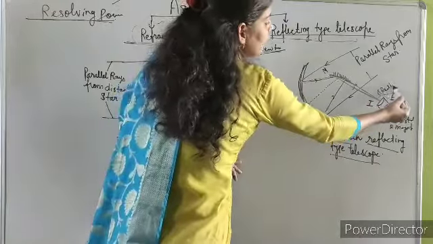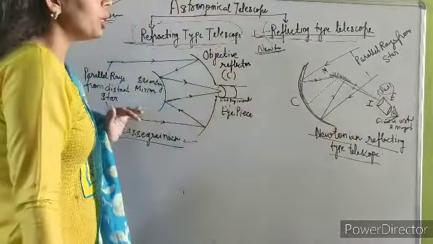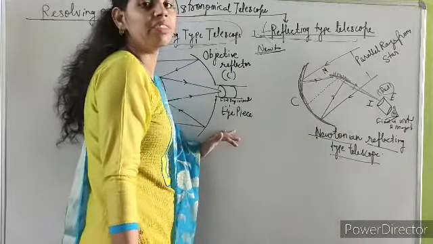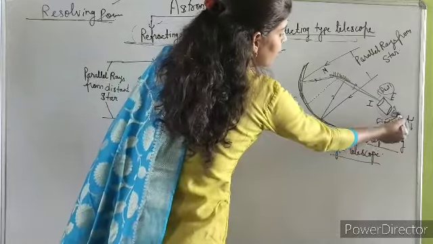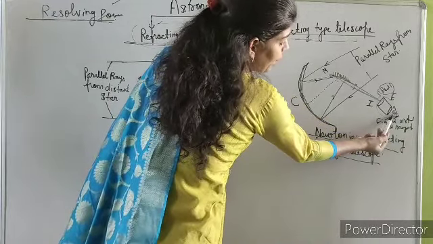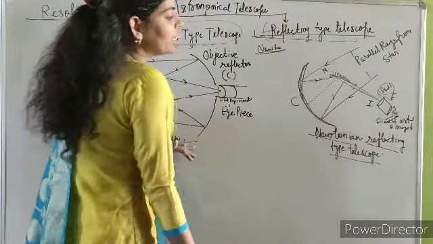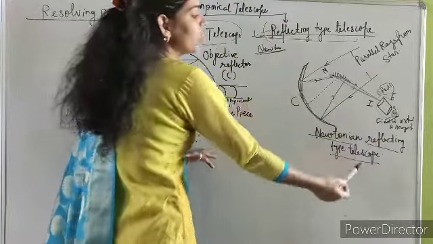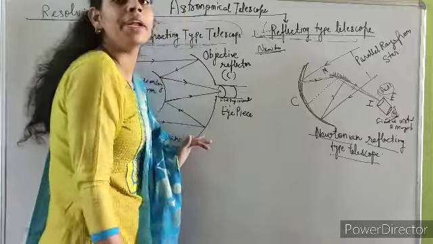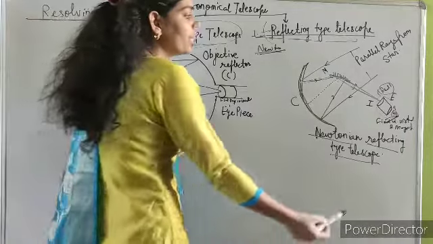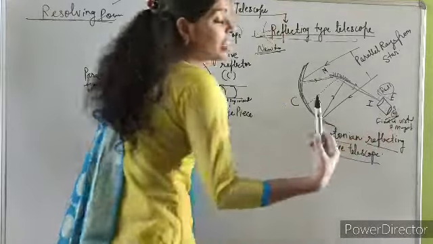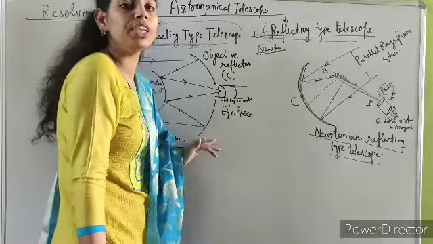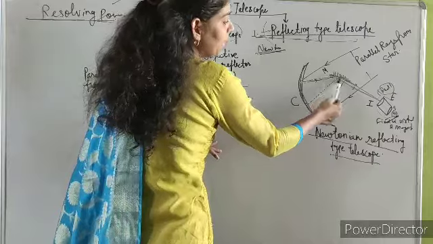This image is a real image, but the eyepiece acts as a magnifier, and when we see from here through the eyepiece, we find that the final image of the distant star is virtual and magnified, because as I have already told you, the eyepiece acts as a magnifier, so it will further magnify the image formed by the plane mirror.